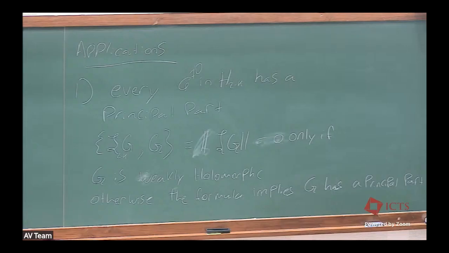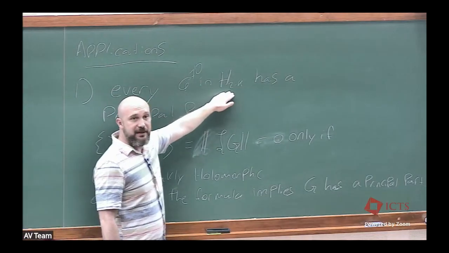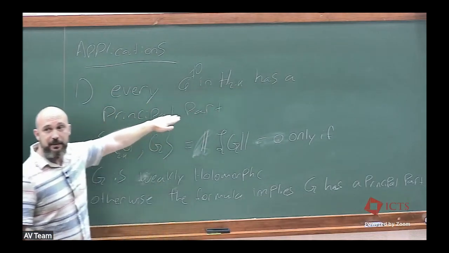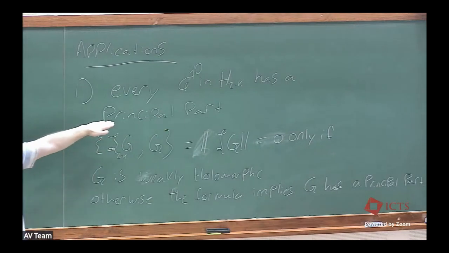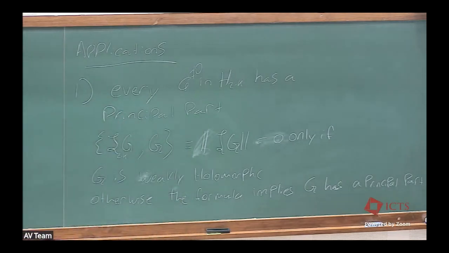Now, so every harmonic Maass form in H2 minus k has a principal part. I can make this a little bit stronger. That means it's uniquely determined by the principal part. And that just follows because if I have two harmonic Maass forms with the same principal part, their difference would have to be 0.